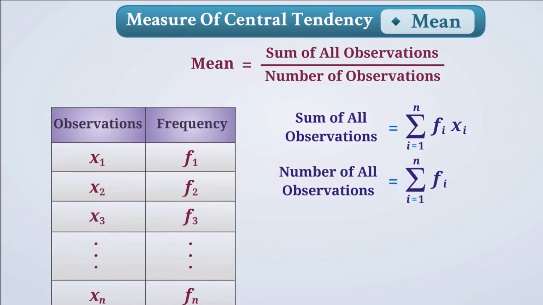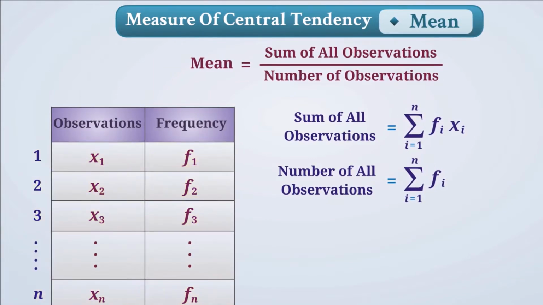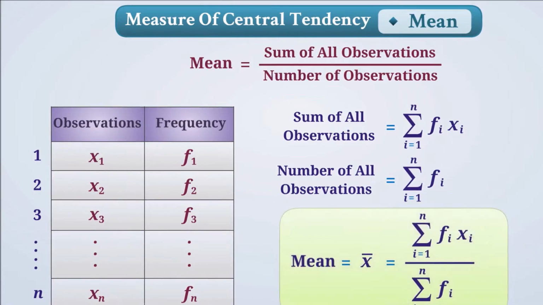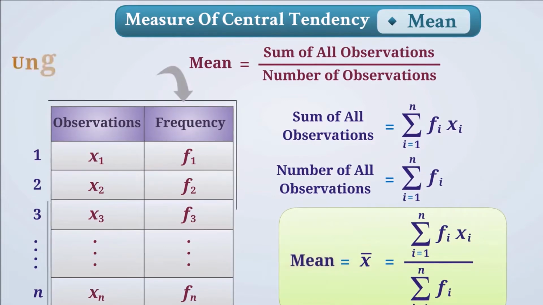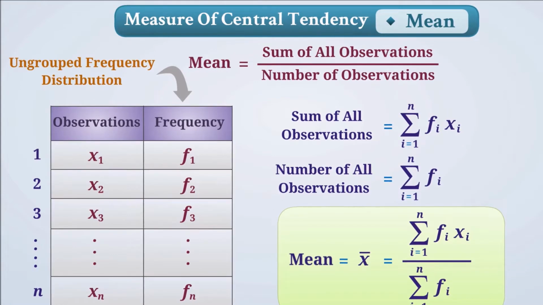Remember that here n represents the total number of observations. In this way, the mean of these observations can be written like this. With the help of this formula, we can find the mean for a given ungrouped frequency distribution. Now, let's understand some characteristics of the mean.